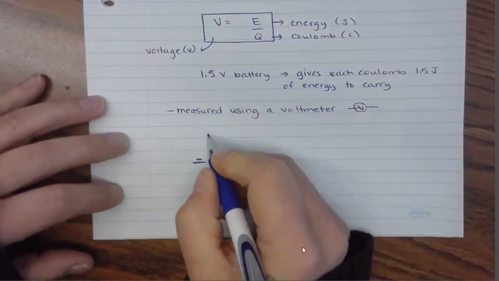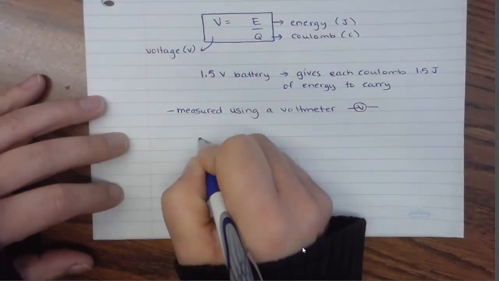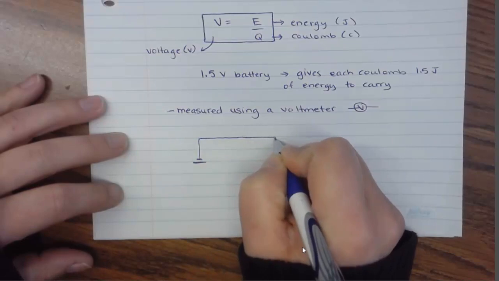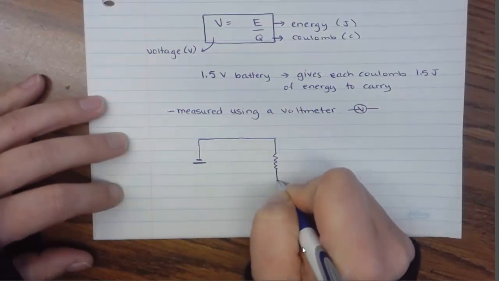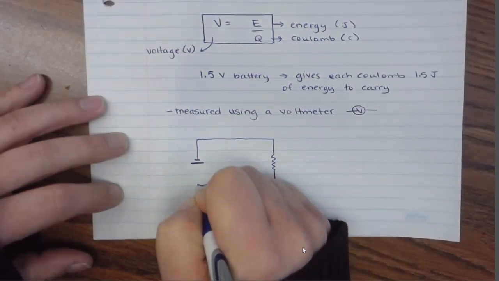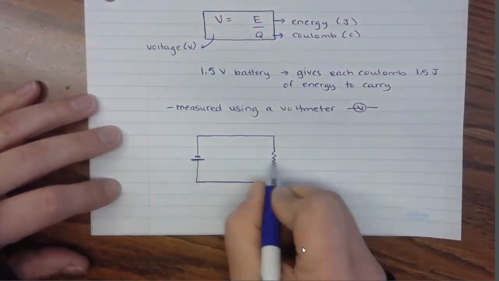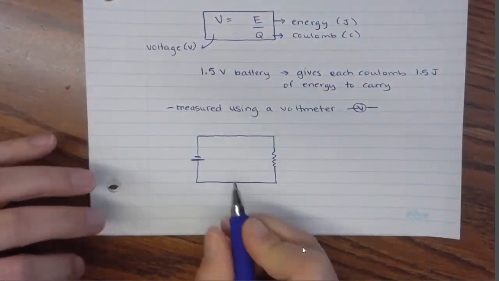So here's our battery, and in this case, we're going to draw a resistor in my circuit. So I have a battery and a resistor.